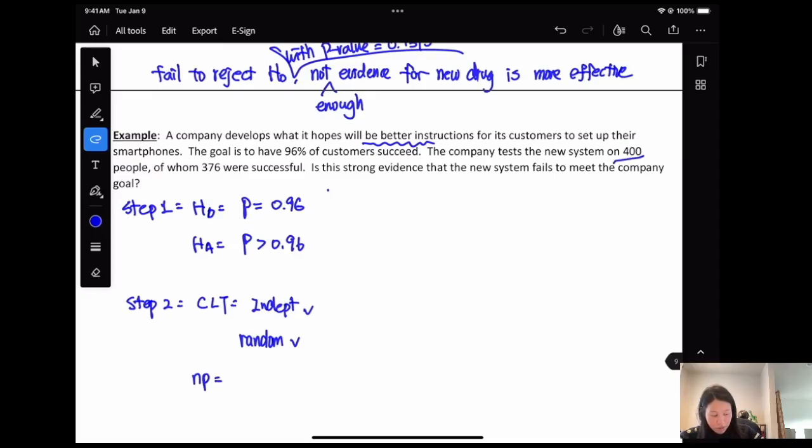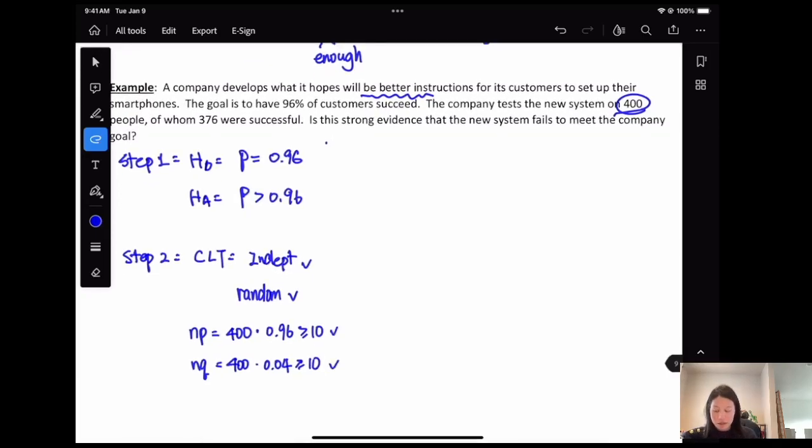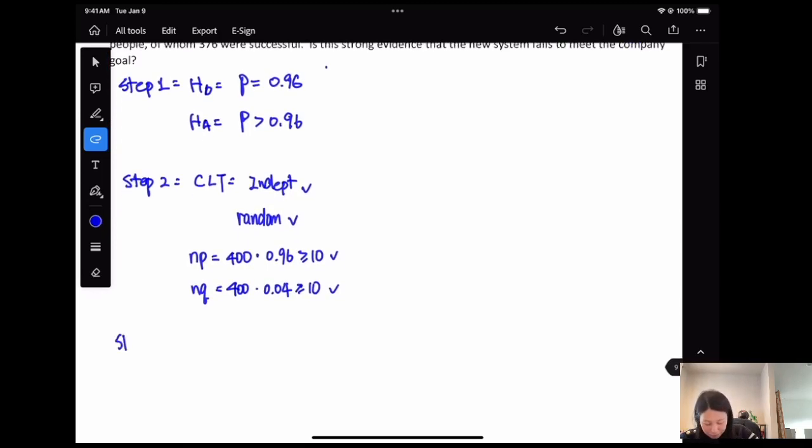They sampled 400 people, and for p we use the null hypothesis, 0.96. This has to be greater than 10. And 400 times 0.04, which is our q, is also greater than 10. So yes, we meet the central limit theorem.